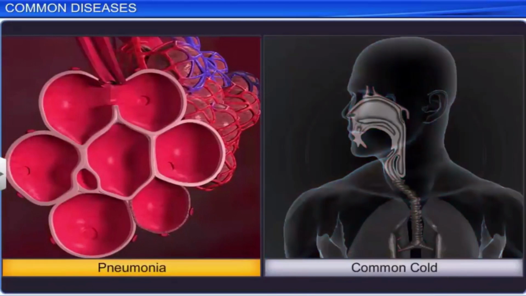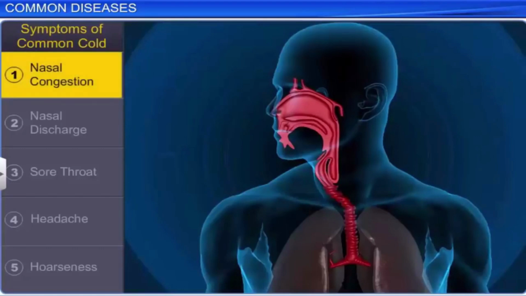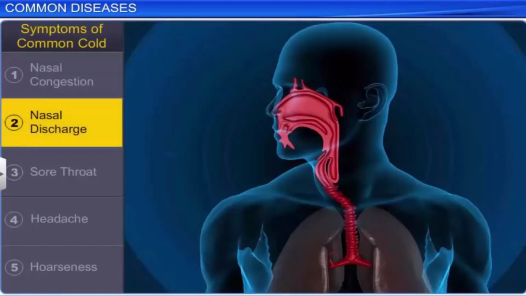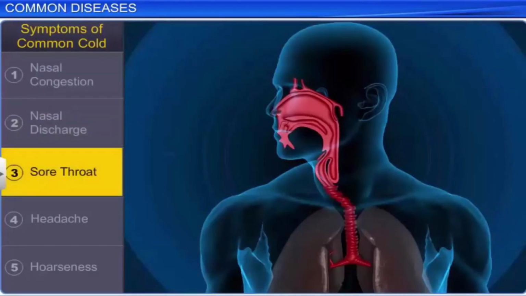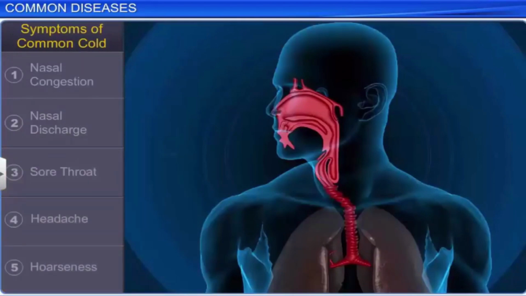Unlike pneumonia, it infects only the nose and respiratory passage instead of the lungs. Nasal congestion and discharge, a sore throat, headache, and hoarseness are other symptoms of the common cold, which lasts for about 3 to 7 days.